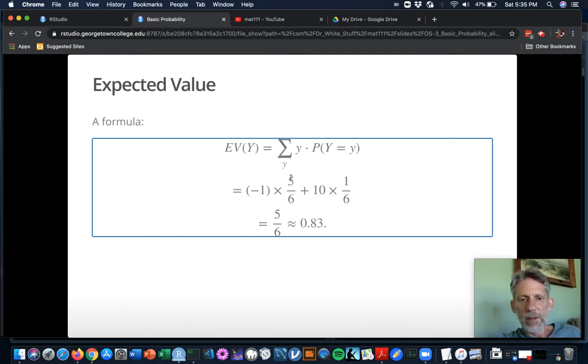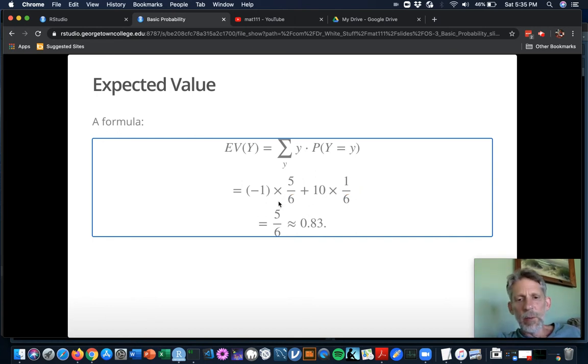So in this random variable, there are only two possible values, the -1 and the 10. And so I've got to do -1 times the chance of getting a -1, that's 5/6. And I got to add to that 10 times the chance of getting a 10.